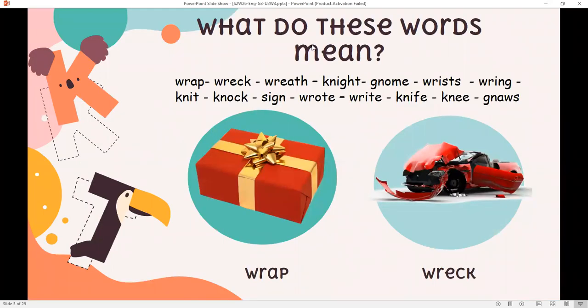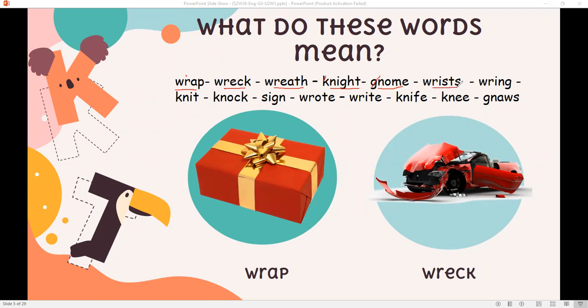This is our phonics spelling list that you need to practice. I have the word wrap. I begin with the letter R. Wreck, wreath, knight. See, the letter K is silent. Gnome, letter G is silent.